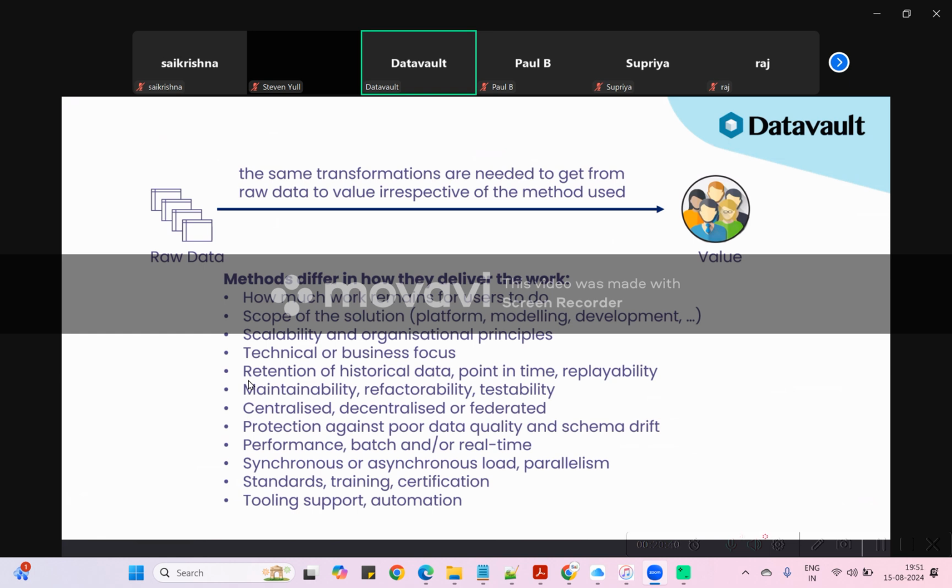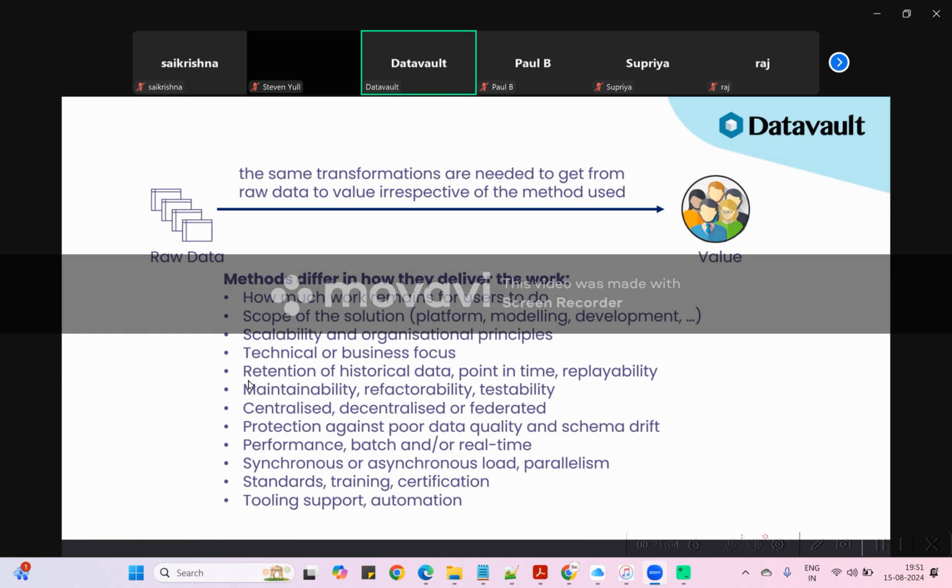So, for example, how these methods differ is listed underneath. If I'm running a traditional data lake, the belief in data lake is that we store the raw data in the lake and then tell the users to access the raw data and do the rest of the work yourself to get the value out of it.